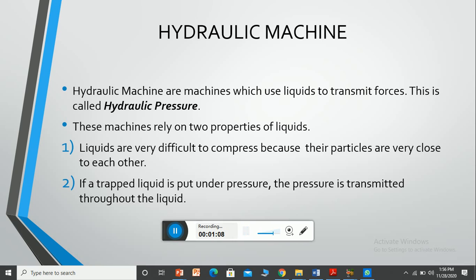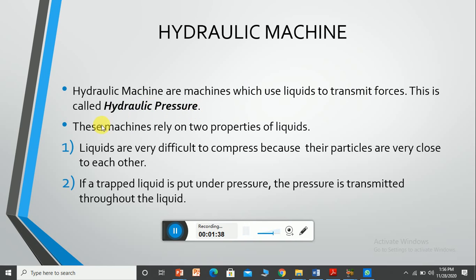So it means a hydraulic machine is a machine in which we use liquids to transmit force from one place to another place, and this force can be multiplied. By applying a very small force, we can get a large amount of force. Okay, so it exerts large pressure, and that's called hydraulic pressure.